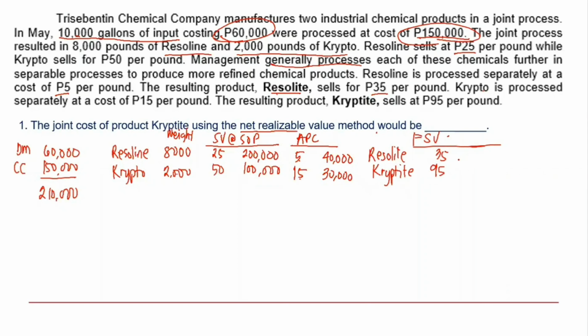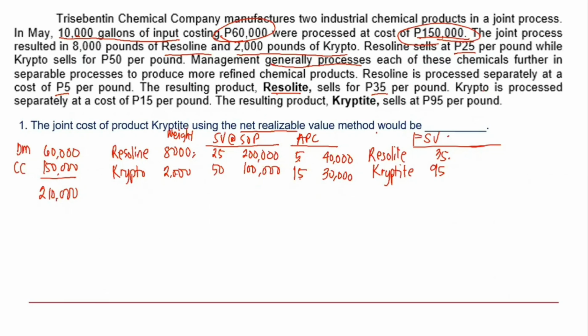So ang tanong po ay NRV method. So the joint cost of product cryptide using the NRV method would be how much? So magkano po yung final sales value natin? So that would be 35 times 8,000.